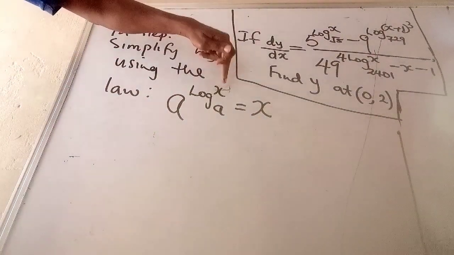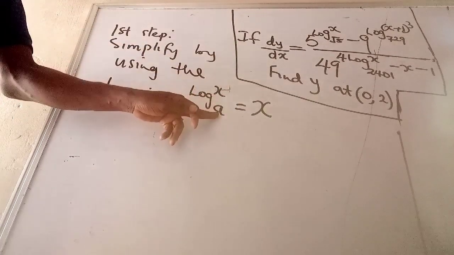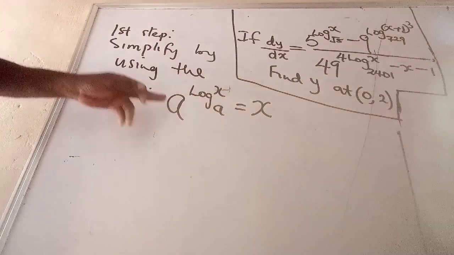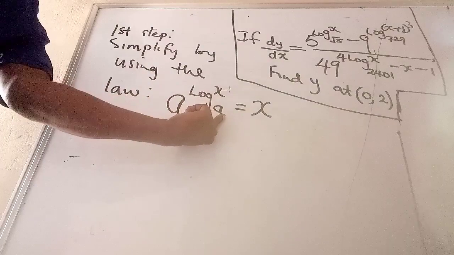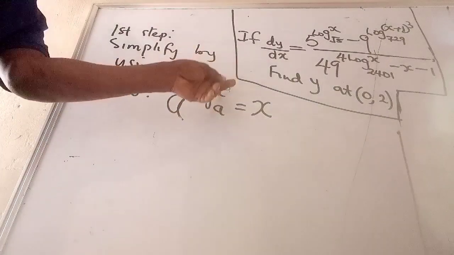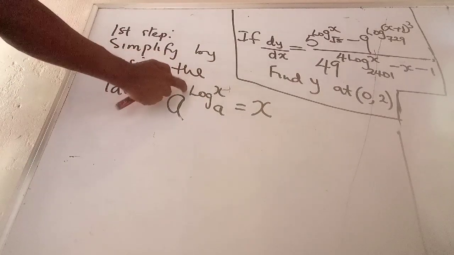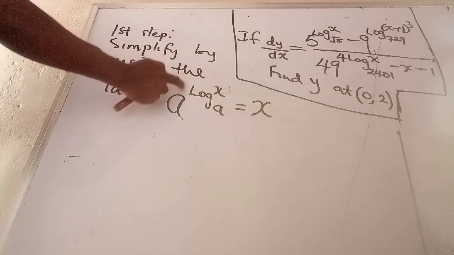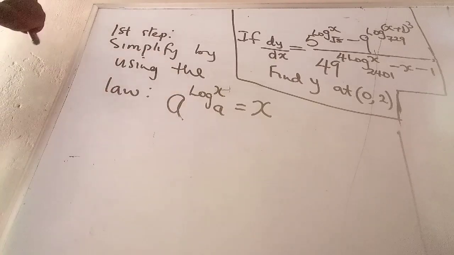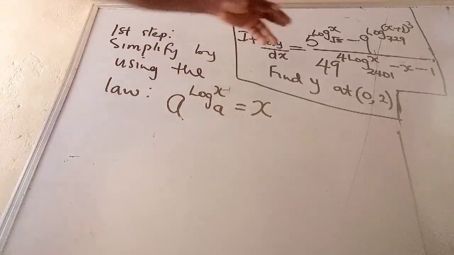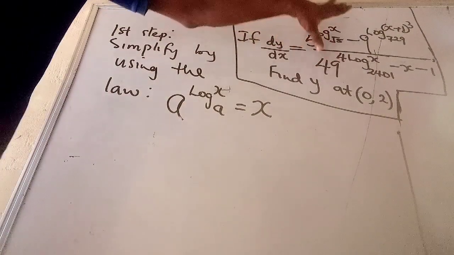Since x is the number to the log and the log is to the base of a and a is the carrier of the log, there is a connection between these two and the result will be this number here. But on this condition, this coefficient of the log here must be 1. As you can see, there's an invisible 1 here. So let's now apply that to simplifying this expression.